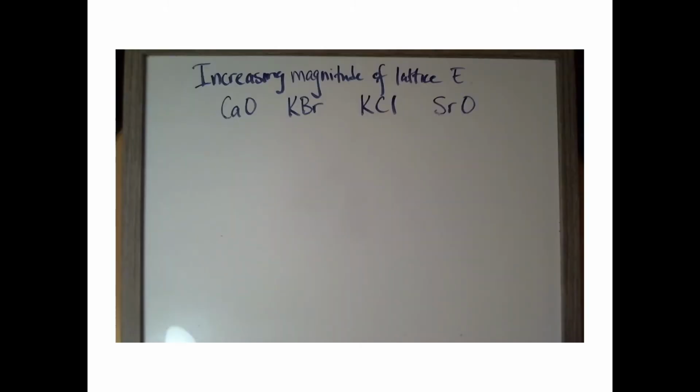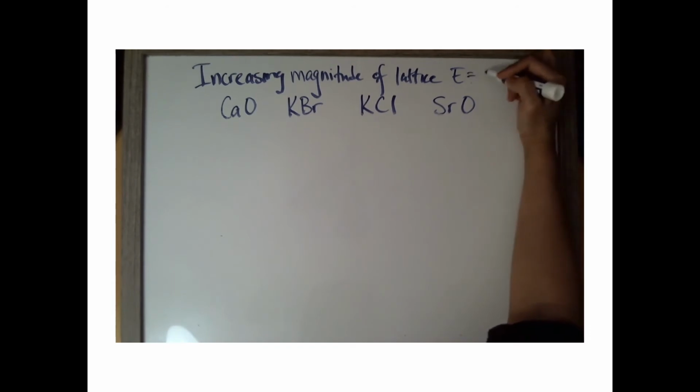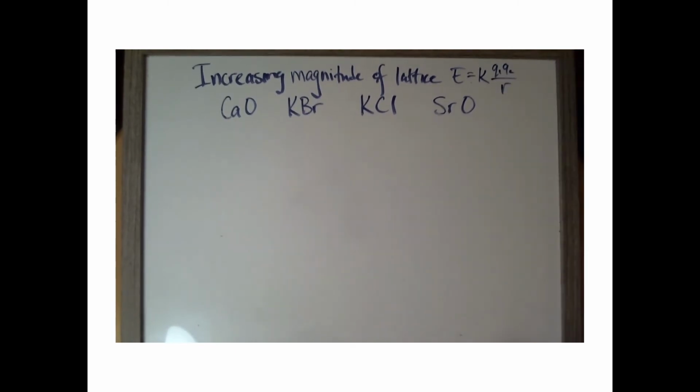So we need to put these four ionic compounds in order of increasing magnitude of lattice energy. For lattice energy, think of Coulomb's law, which is E equals some kind of constant times Q1 times Q2 over R. So charge matters and the distance between those charges matters.